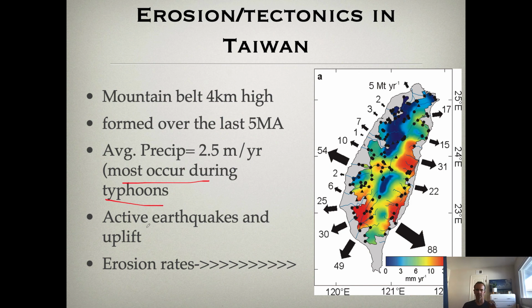So you have pretty intense erosion rates, but at the same time, you also have active uplift and earthquakes going on. This is a measure of erosion rates, with the red being higher erosion rates. So this fully red is 30 millimeters per year of erosion, and the blue being areas of lesser erosion rates.